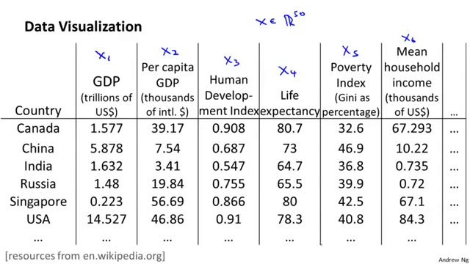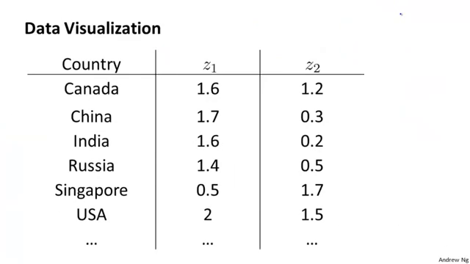Using dimensionality reduction, instead of having each country represented by this feature vector xi, which is 50-dimensional, so instead of, say, having a country like Canada, instead of having 50 numbers to represent the features of Canada, let's say we can come up with a different feature representation, these z vectors, that is in R2.